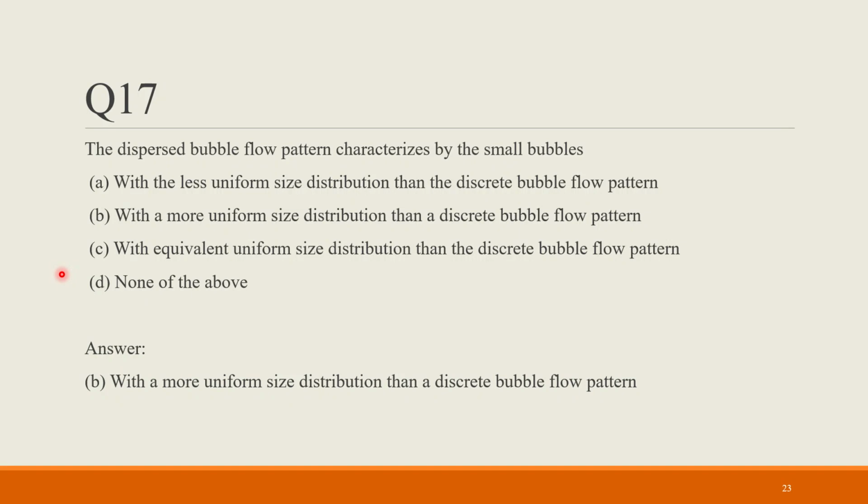So the bubbles keep on growing, and at one point they start breaking, right? The breakage point is known as dispersed bubble flow pattern, where the bubbles break and small bubbles are formed. So at that time the size distribution would be more uniform compared to the previous case. So answer is more uniform size distribution than a discrete bubble flow pattern. That is option B.